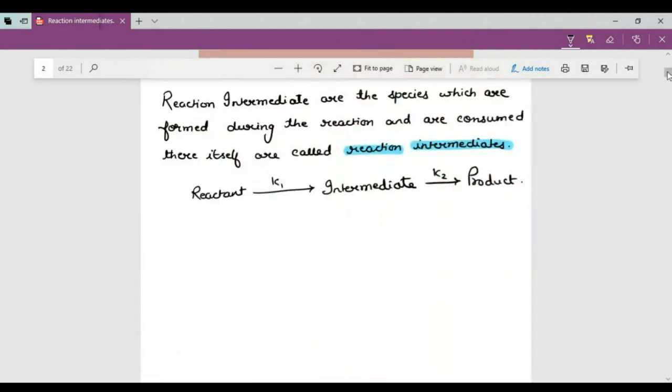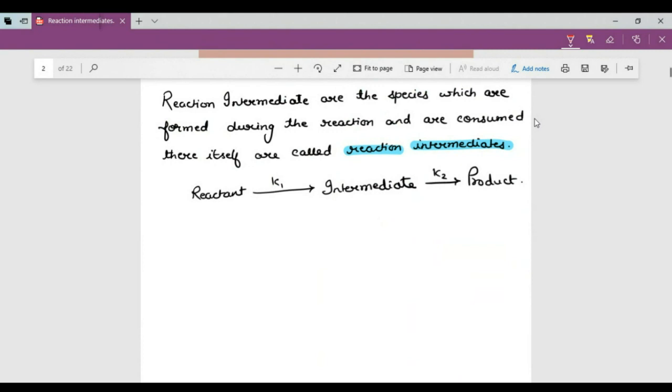Reaction intermediates, what are reaction intermediates? Reaction intermediates are the species which are formed during the reaction and are consumed there itself. They are never the product. They are formed during the reaction from reactants and are consumed there itself in the formation of product.